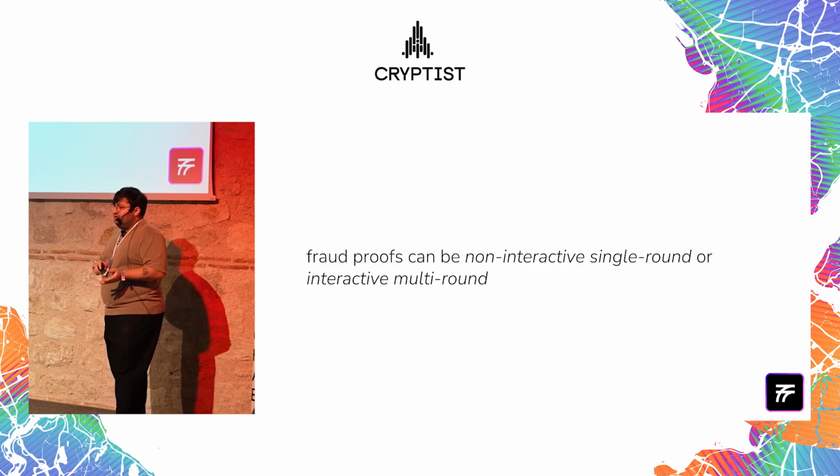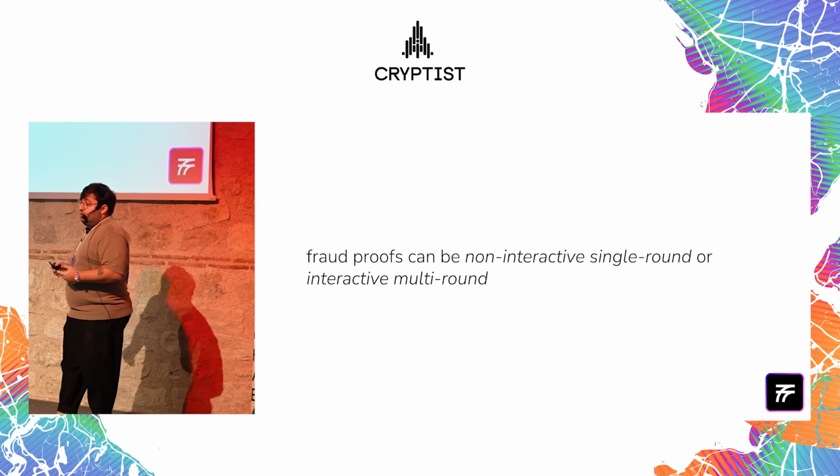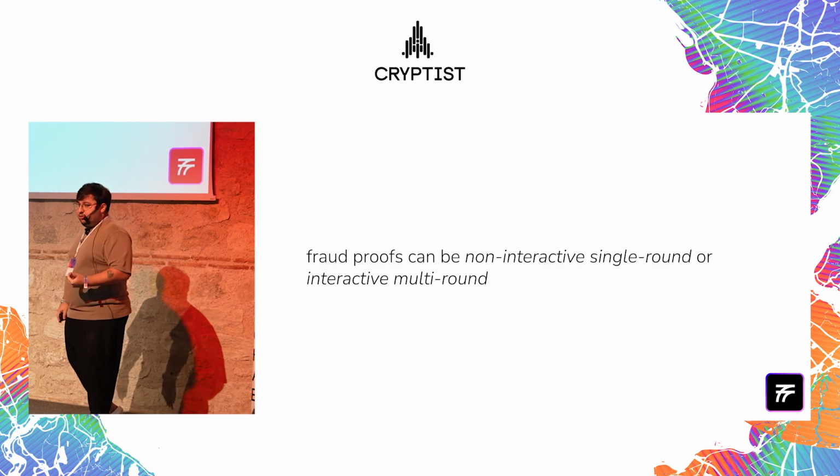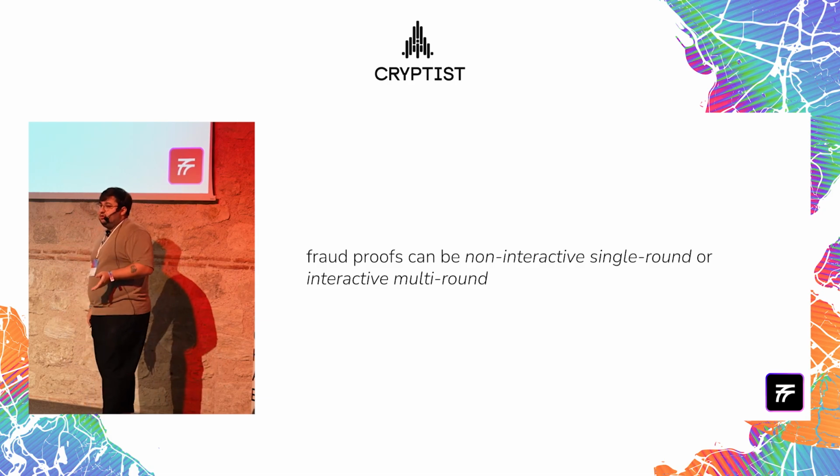Non-interactive is more problematic because a challenge has to fit within a single transaction. So in the case of Ethereum, for example, let's say your block on Optimism is the same size as a block on Ethereum, and a single transaction consumes the entire block on Optimism. You cannot challenge that transaction on Ethereum in one go because it just won't fit.